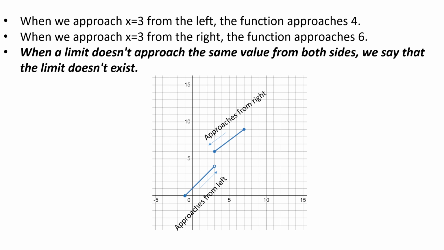My x from the left here, where this arrow is, at 3 from the left, even though there's a hole here, it looks like it's approaching 4. And then as x approaches 3 from the right, it is 6. So guess what? This is not a limit. Both have to be approaching the same number. 6 is not equal to 4. So this does not work. This is not a limit.